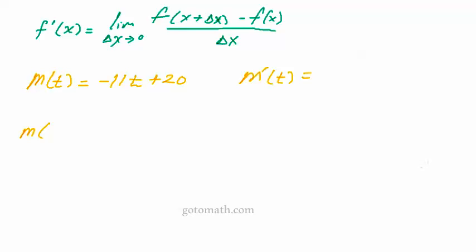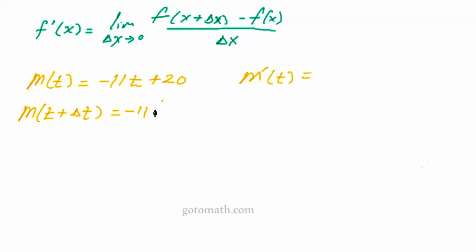I'm going to end up running out of room. I'd like to get everything on one screen here, so let me move that up a little higher. M of t plus delta t. So we take the t plus delta t and substitute it right in for this t here.